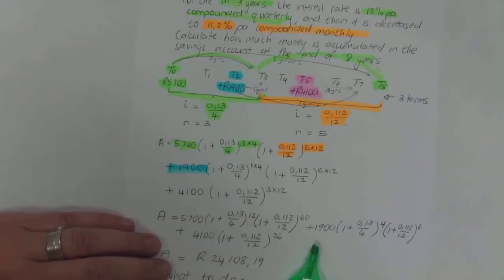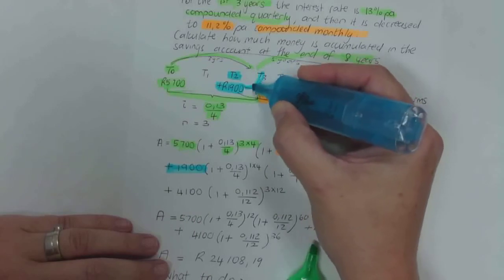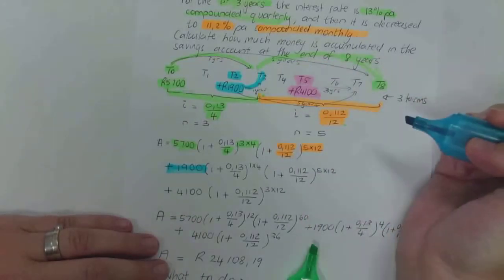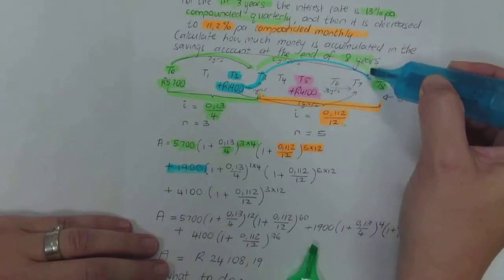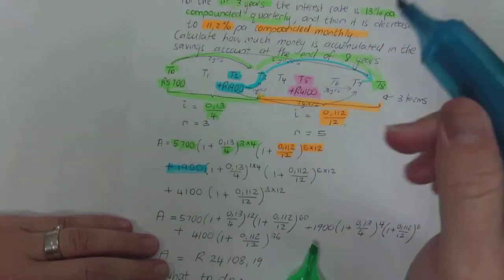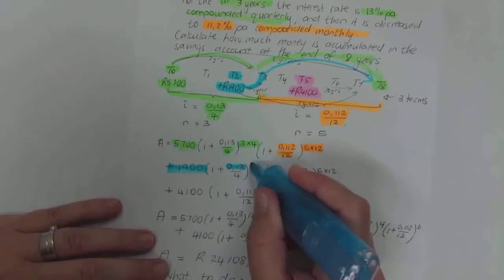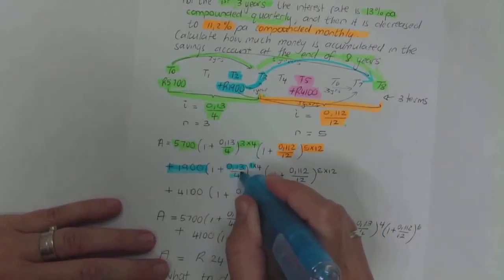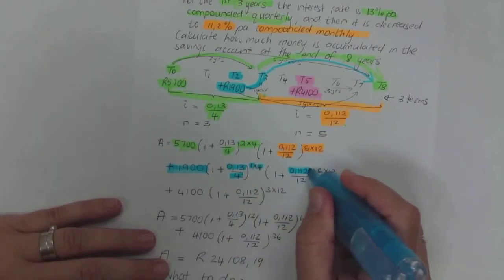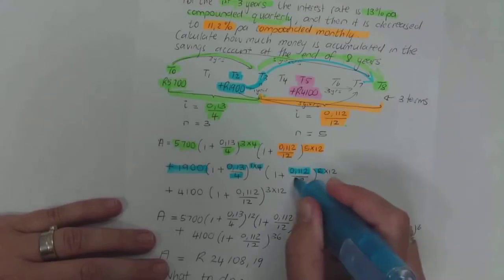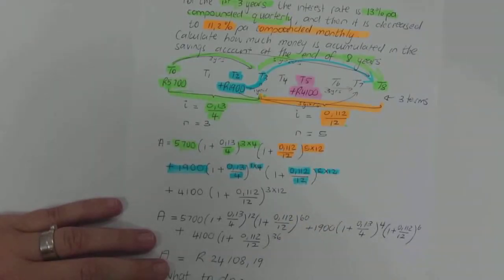Right, let's look at the 1,900. Now the 1,900 was part of the 13% investment for 1 year, and then it was part of the 11.2% for 5 years. So 13% for 1 year, but it had to be done quarterly. 11.2% for 5 years, but it had to be done monthly.